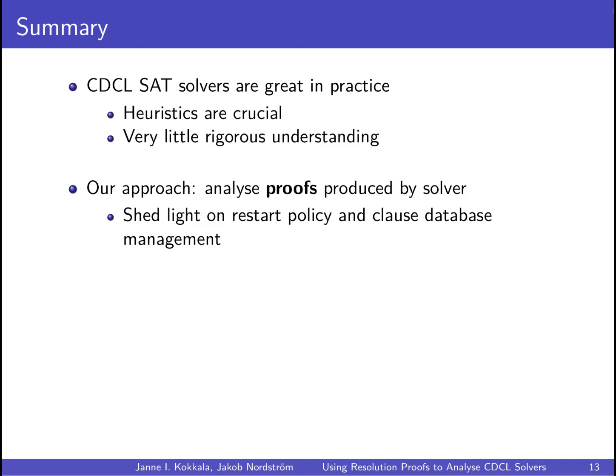So our approach to tackle this question was to analyze the proofs that the solvers produce. With this approach, we managed to shed some light on how different restart policies and clause database management policies affect the internal workings of the solver and not just the runtime performance.